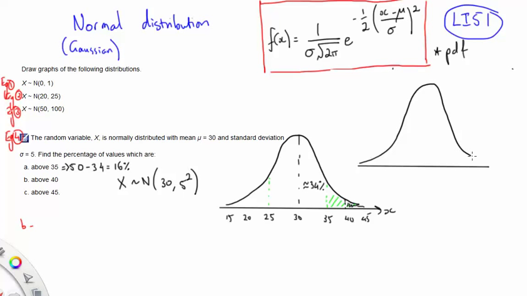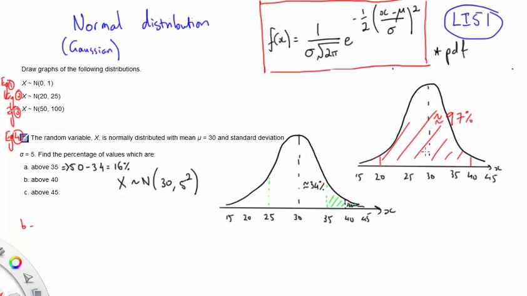So I want to know how many values are above 40. So we know that 30's there, 35's here, 40's here, 45's here, 25, 20, 15. Okay, so this is one standard deviation. So above 40 is 2 standard deviations. So, well, let's look at 2 standard deviations, right? This is approximately 97%.